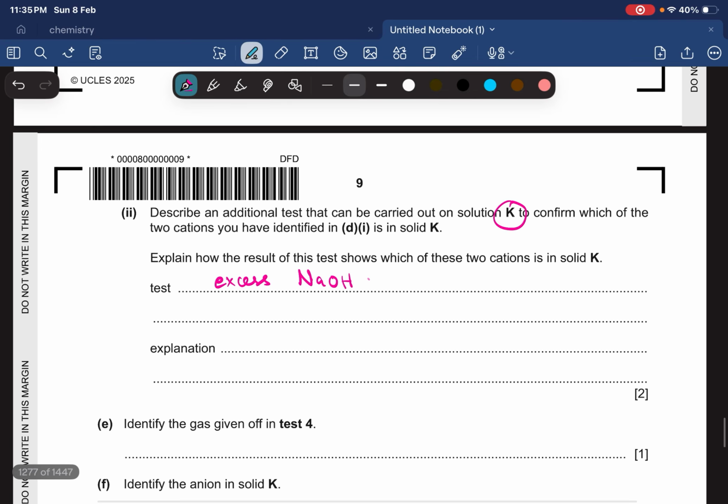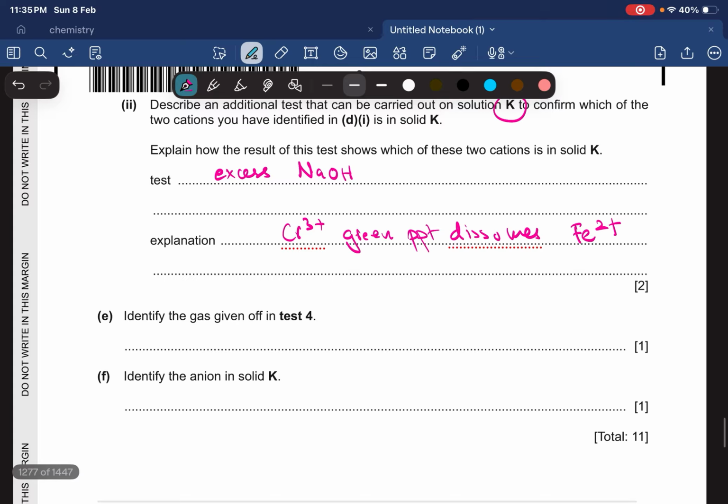Chromium is going to dissolve. Cr3+ green precipitate dissolves, and Fe2+ remains insoluble.